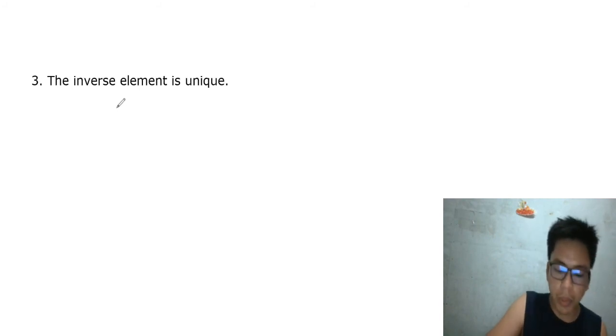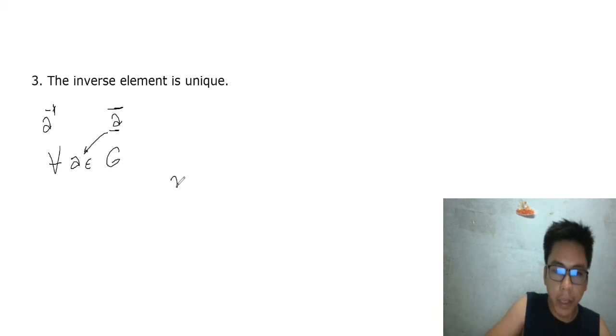So let's assume that another element is also an inverse aside from this one. So let's go to that. For a given element A in G, since this is also an inverse of this, so I can have this one. I'm sorry.